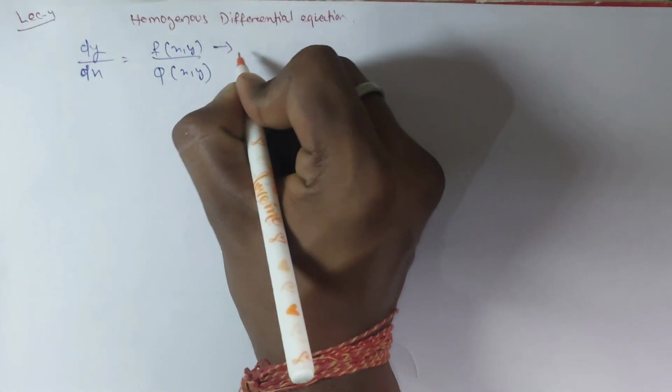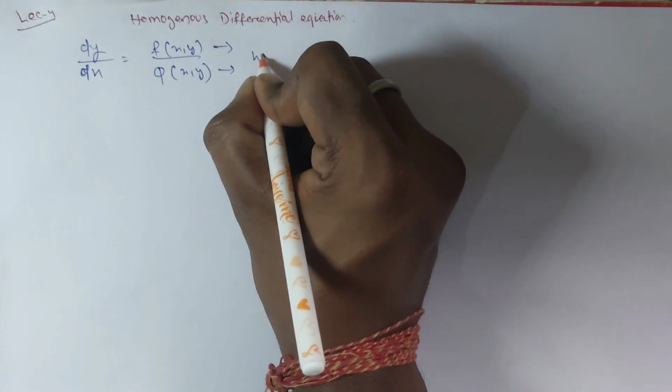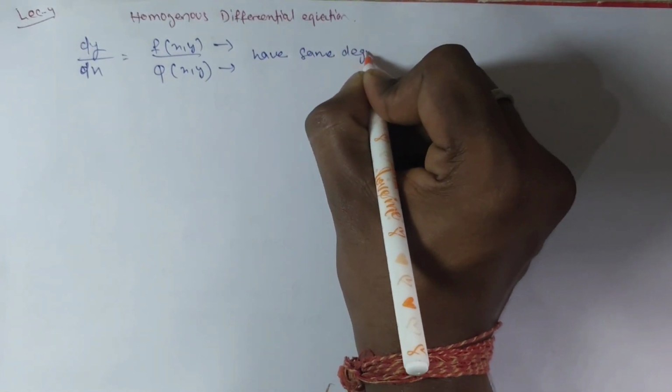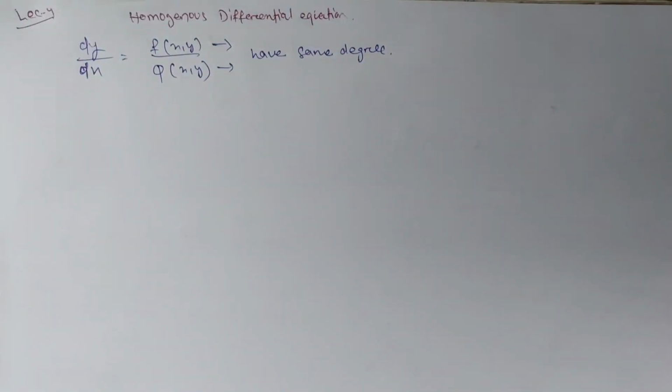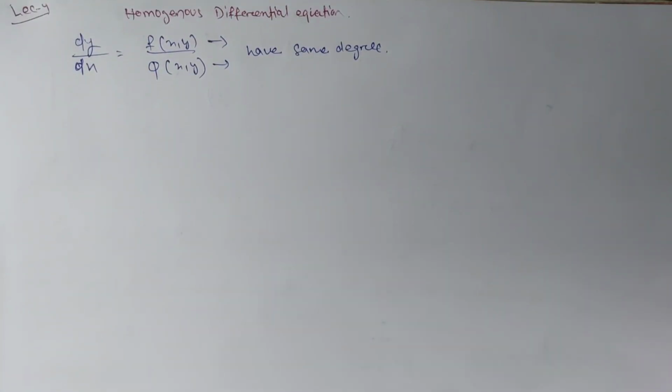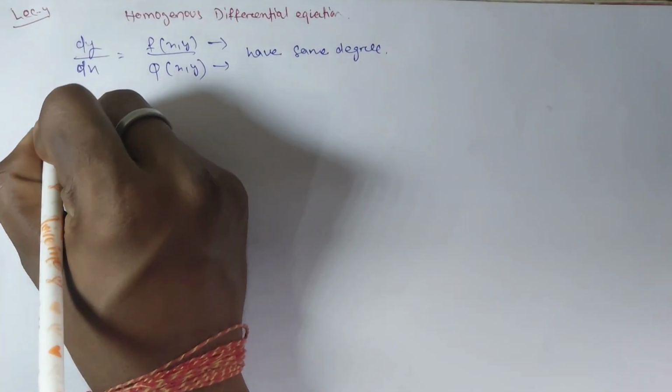Here both f(x,y) and phi(x,y) must have the same degree, and only then can we say that it is a homogeneous differential equation. Let's take an example.